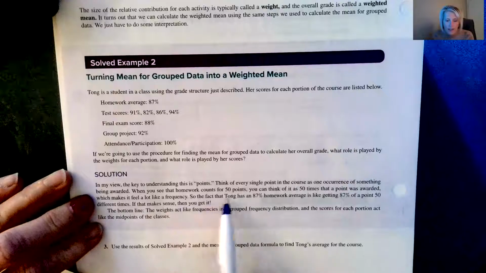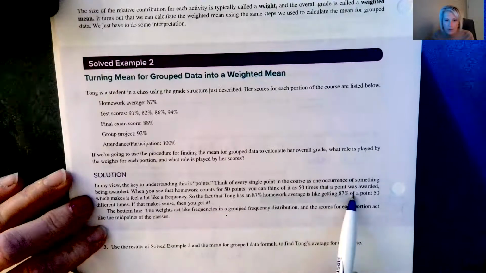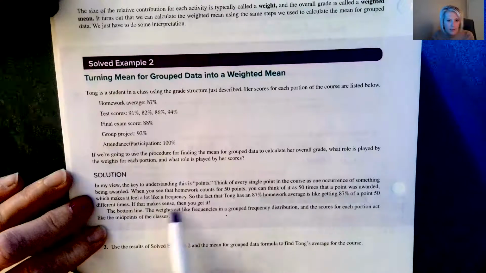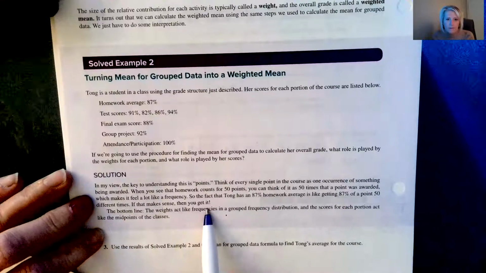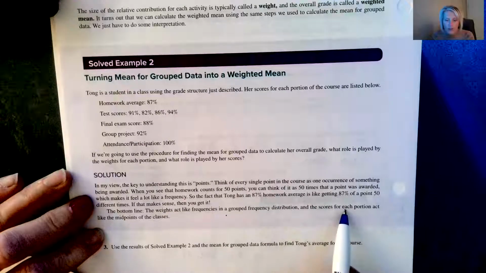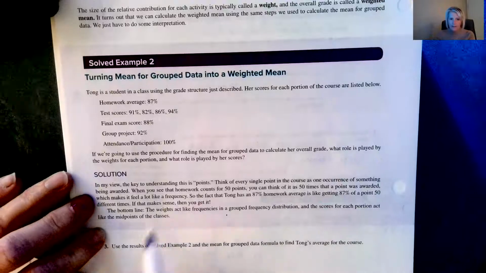So the fact that Tong has an 87% homework average is like getting 87% of a 50-point different times. If that makes sense, then you get it. The bottom line, the weights act like frequencies in a grouped frequency distribution, and the scores for each portion act like the midpoints of the class.